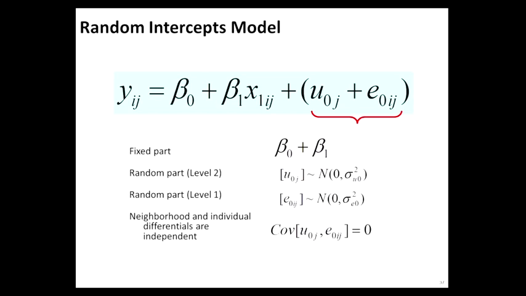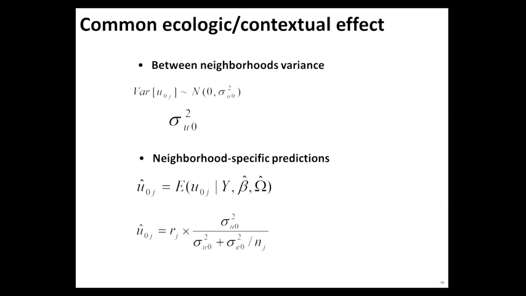What makes it a multi-level model is the presence of more than one residual term, a residual term that tells you about the place and about the individuals within that place. And that's the new parameter that we get.